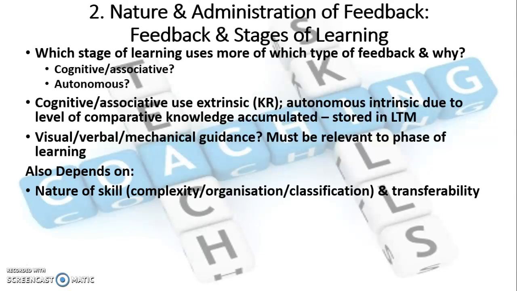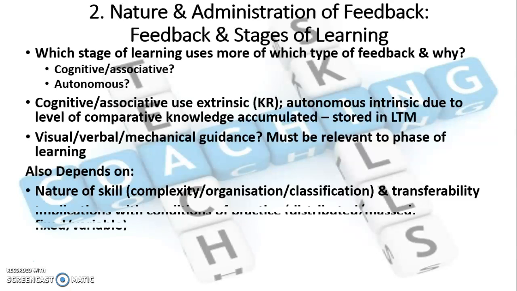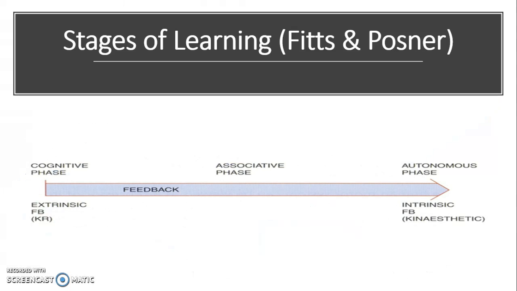Okay. Nature of the skill, so the more complex it is, the more information is probably going to have to be given, and then how it can be transferred from a training session to actual competition. So that has implications with the conditions of practice, which we'll look at in the session on Thursday. Okay, so just to remind you of the stages of learning again.